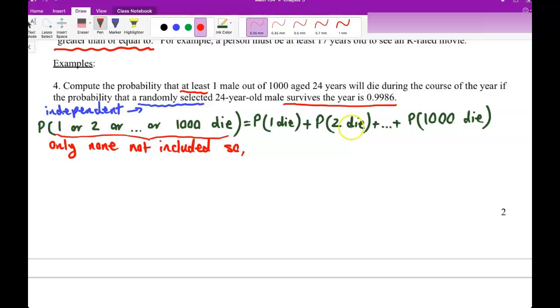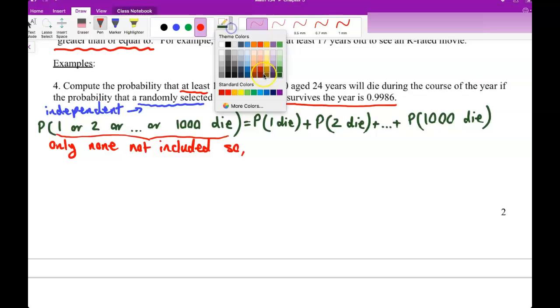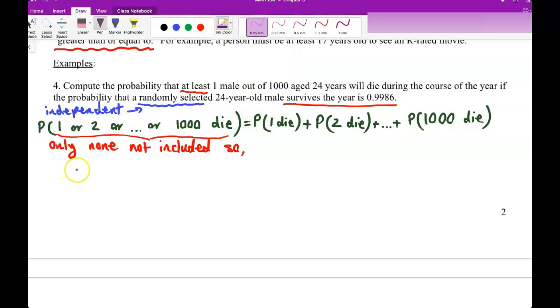I don't have the probability of dying. So that's why I want to work based on that. But this is what they're asking. But instead of this, we can write what I'm writing here, because usually for at least, you should follow this. So that is what it's asking. But here, I'm using at least to show how we can get the answer to the probability that at least one will die.